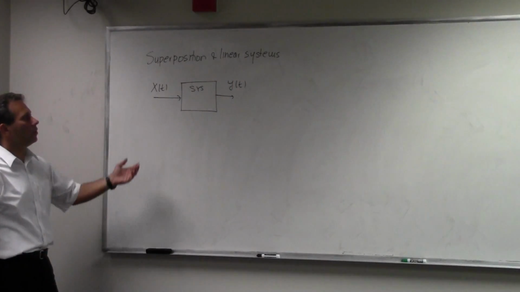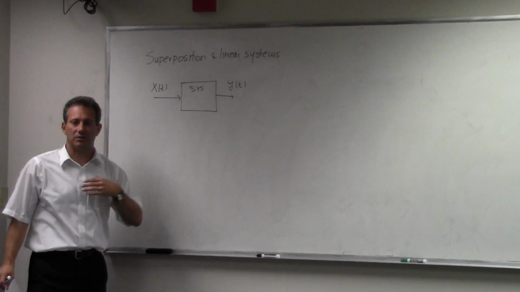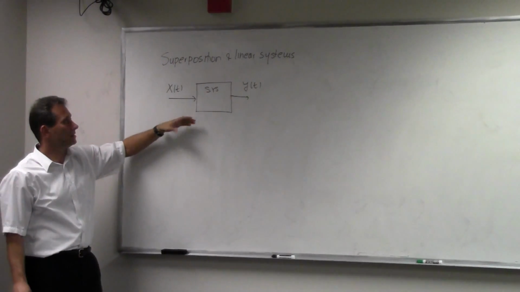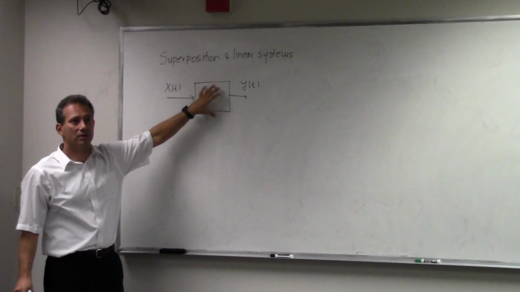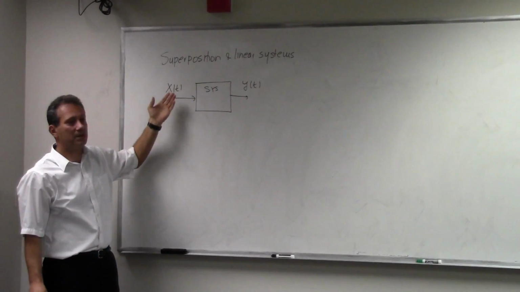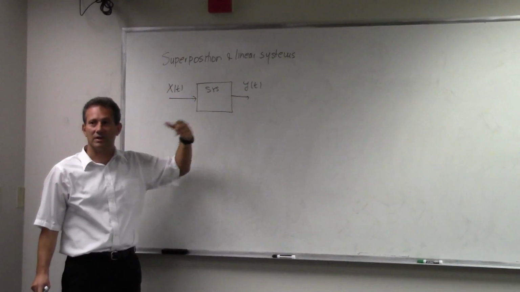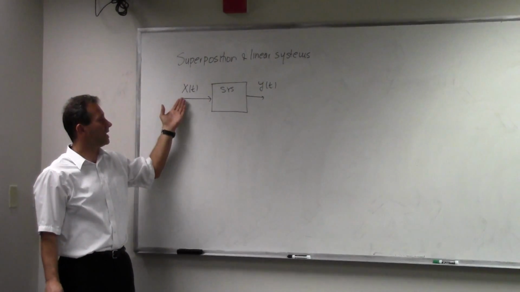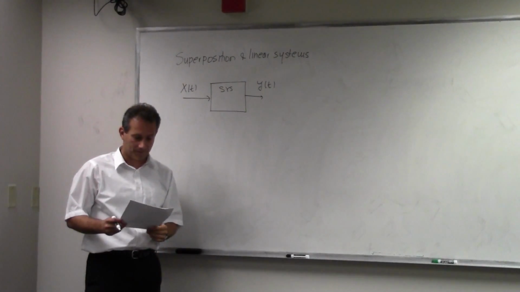This is always the principal question that we are trying to solve. Remember, we define the system as an entity or block that performs the mapping between x of t and y of t. That's our definition of the system.